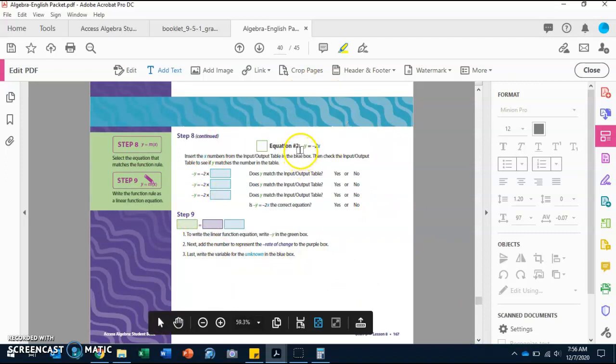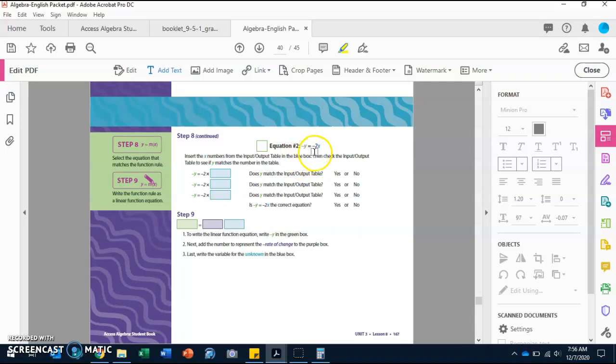Now we have a different equation. Here the equation is negative y equals negative 2x. So here we're going to do the same thing. So let's add a 1, and then 2 and 3.